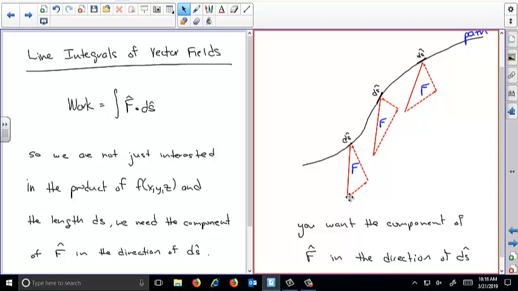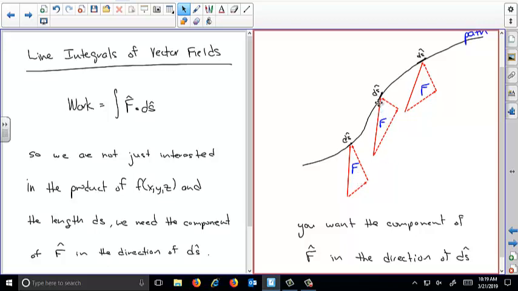So the component of the force vector in the direction of the ds vector is this. You break it up into two components, one that's parallel to the direction ds and one that's perpendicular. And this angle here would be 90 degrees. So we're going to multiply this component of the force vector by this ds vector, and it's going to be a dot product. What the dot product does is it basically finds this component mathematically instead of having to use geometry.